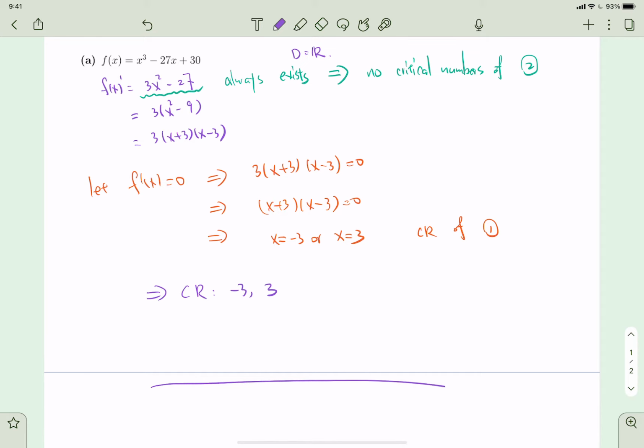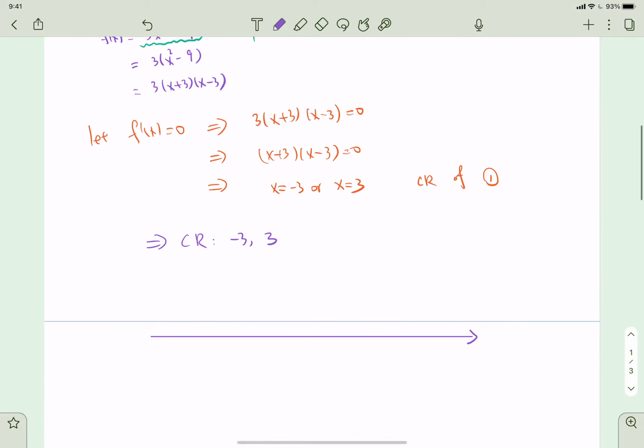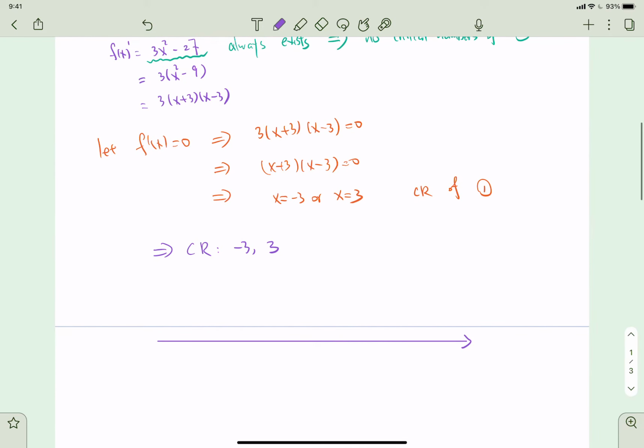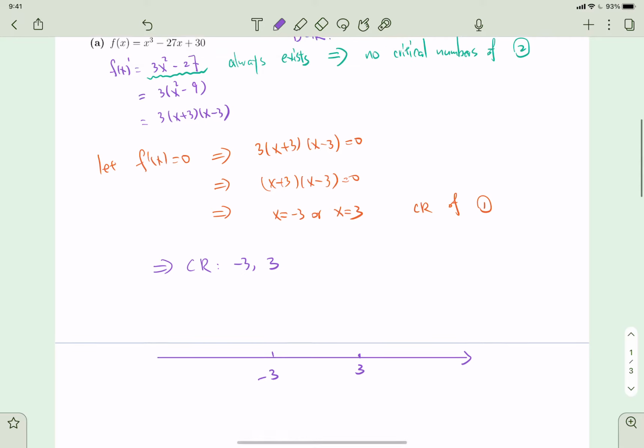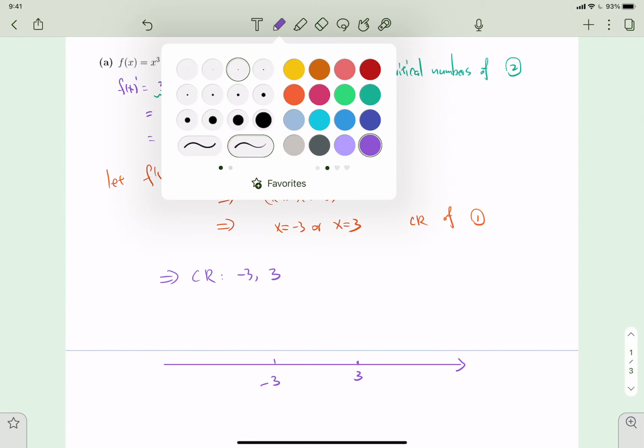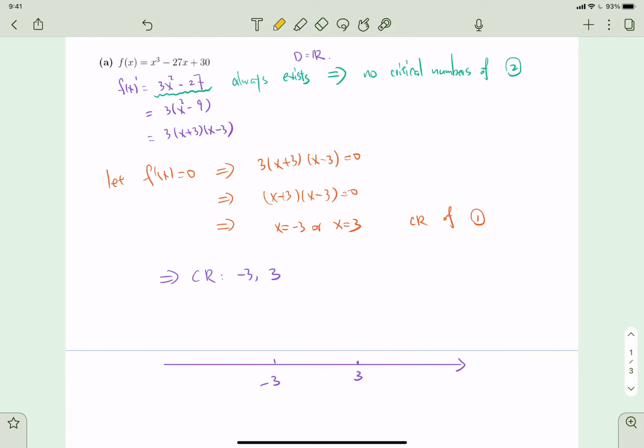Now we also need to find the increasing and decreasing intervals. So we draw the number line here and then place all the critical numbers on this number line, right? Negative 3 and 3. And you're gonna plug in the derivative at a chosen point in these 3 intervals separated by the critical numbers here.